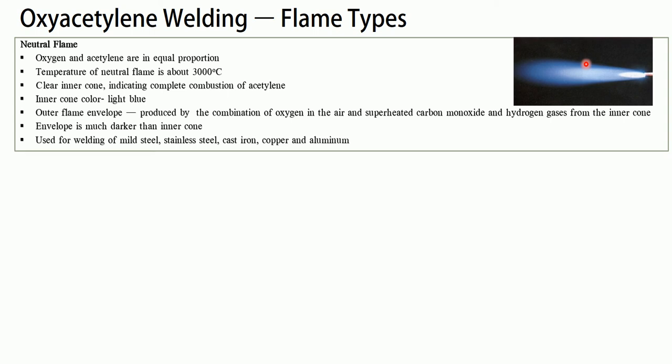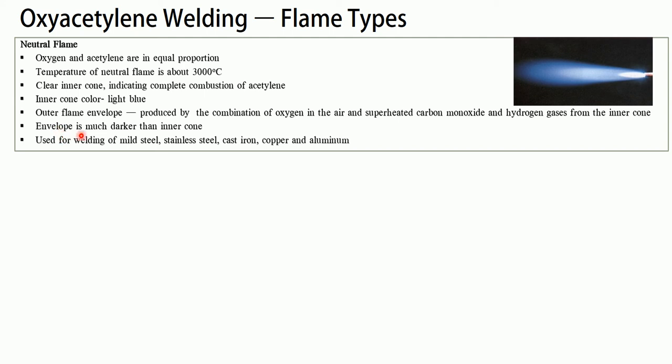In the secondary reaction, the carbon monoxide formed from the primary reaction reacts with oxygen and hydrogen. Hydrogen is again a product of the primary reaction, and oxygen is taken from the environment. The chemical reaction takes place, and in that reaction also heat is generated. So this is the outer envelope formed by the secondary reaction.